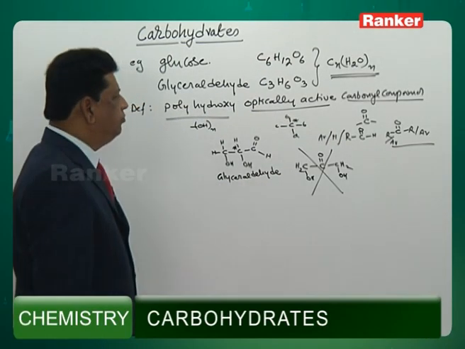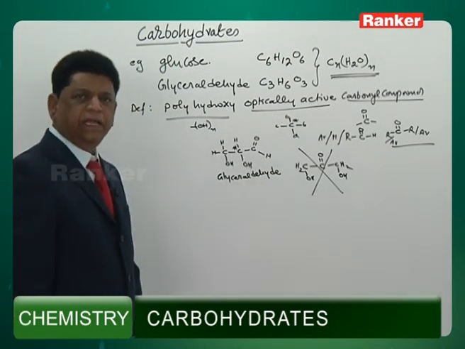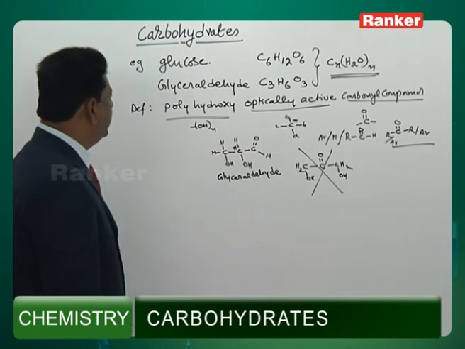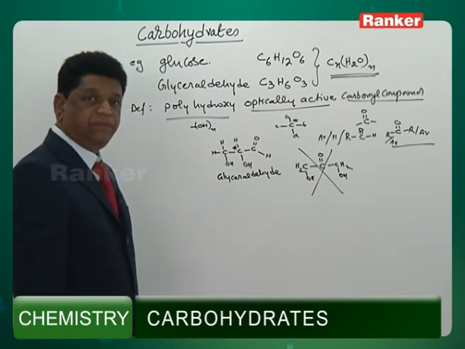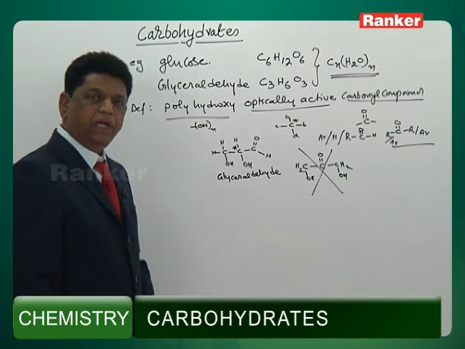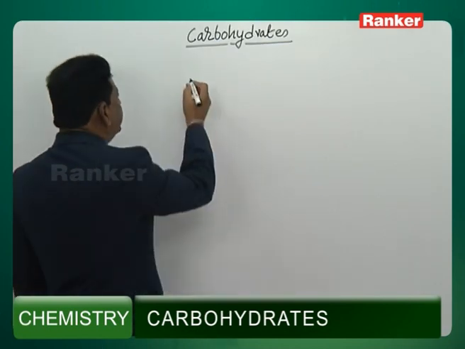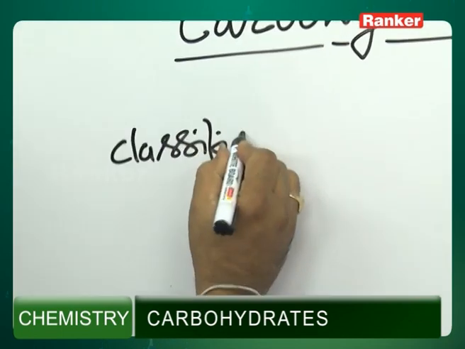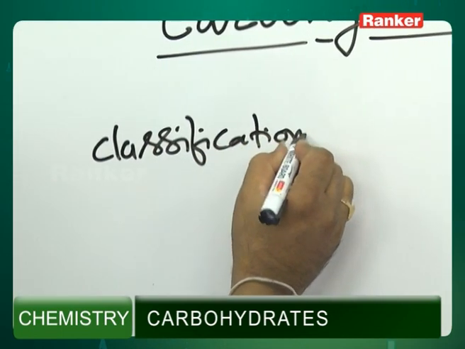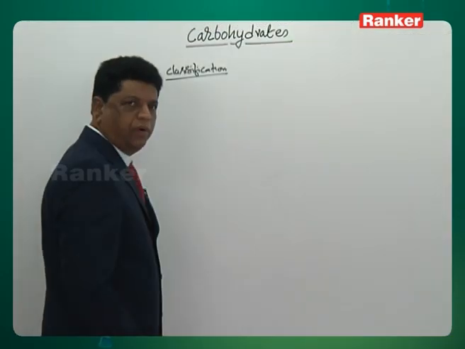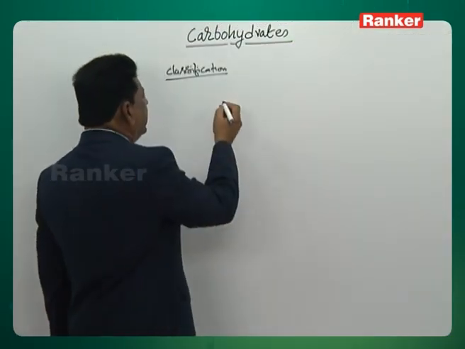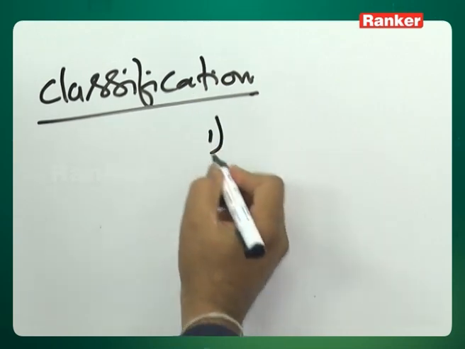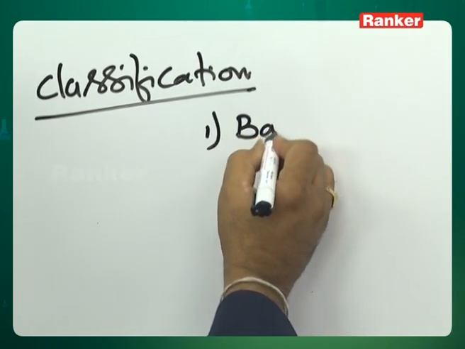So let us have different examples and take up the classification of carbohydrates. In carbohydrates, classification is one of the important topics. The modern classification shows they are classified based on hydrolysis.